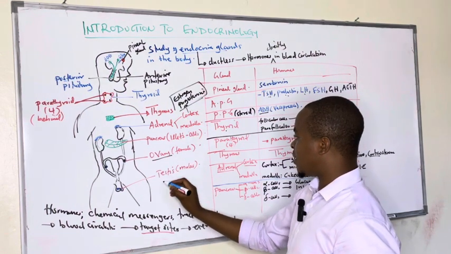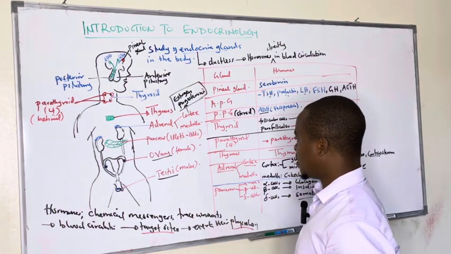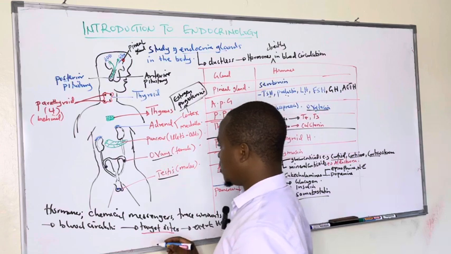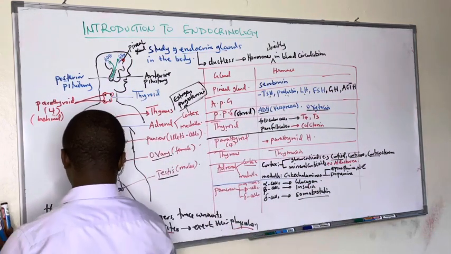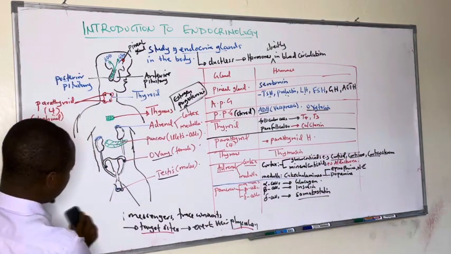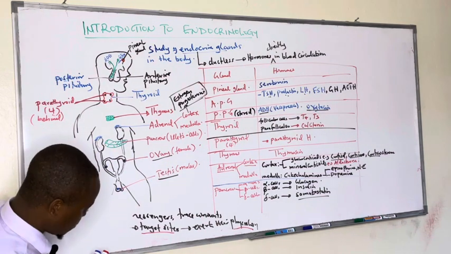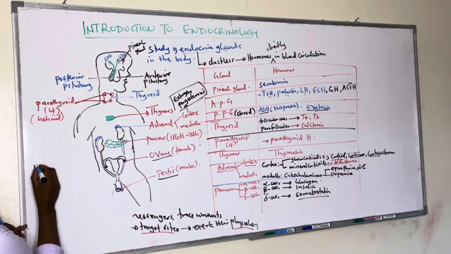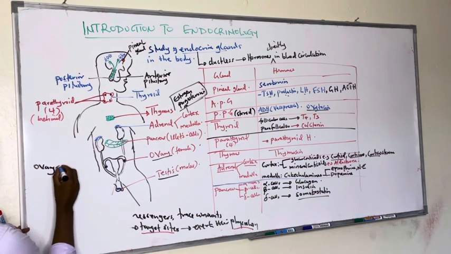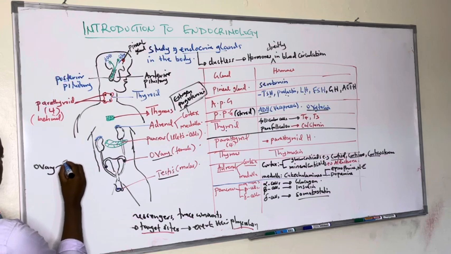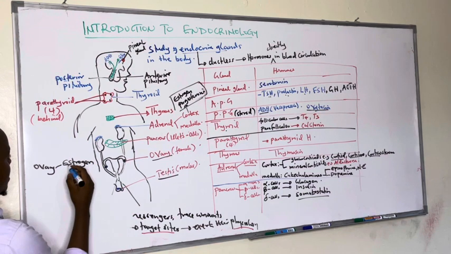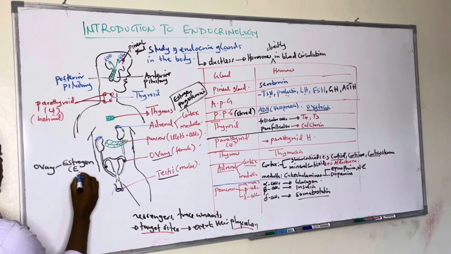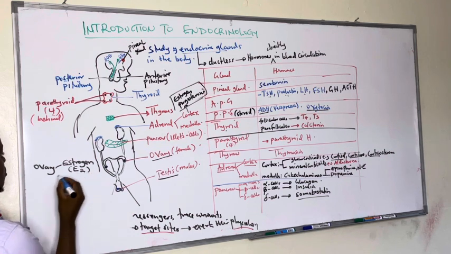After seeing these glands, we are remaining with the gonads. Gonads, that is the ovary and the testis. The ovary secretes hormones like estrogen, whereby the isoform of estrogen produced by the ovary during the menstrual cycle is E2.